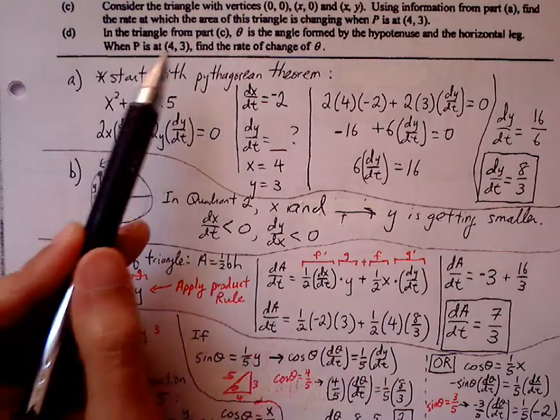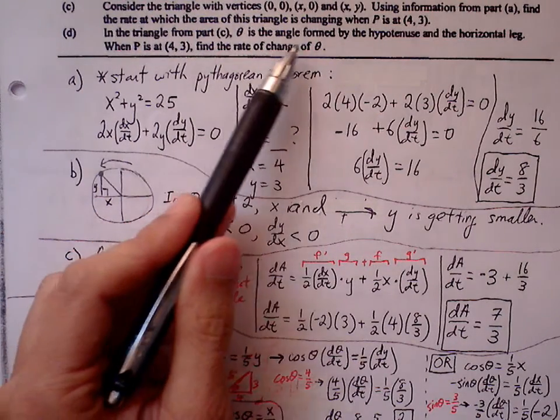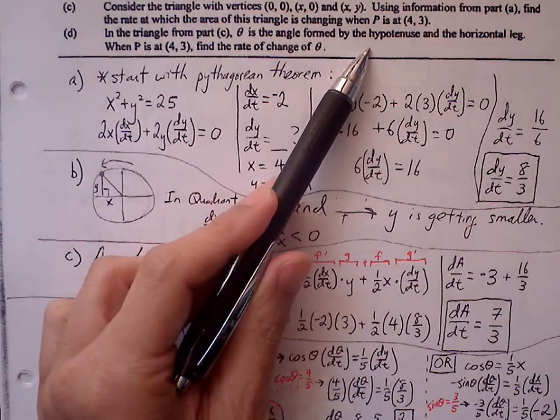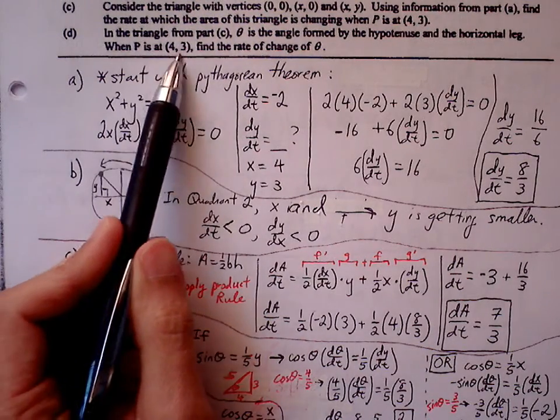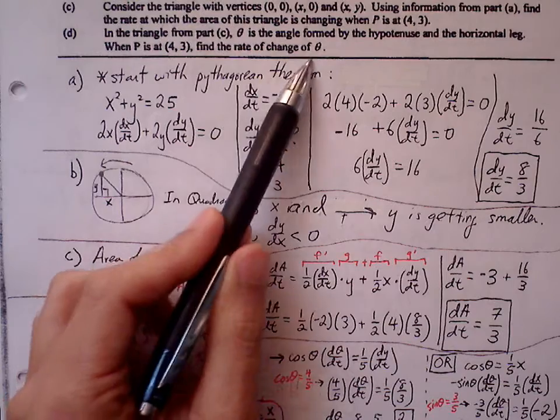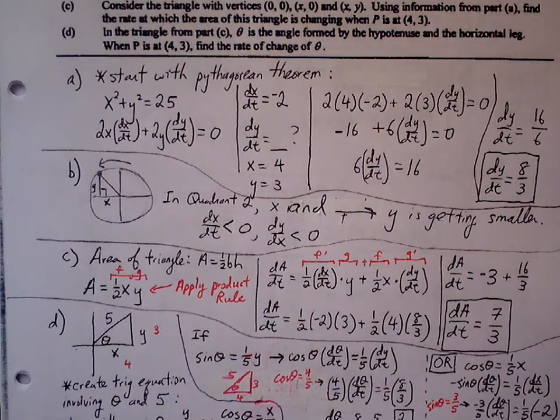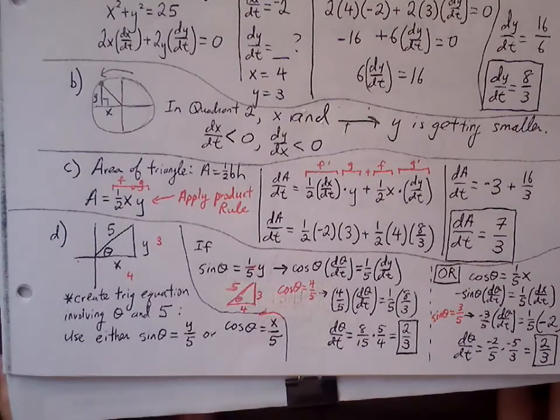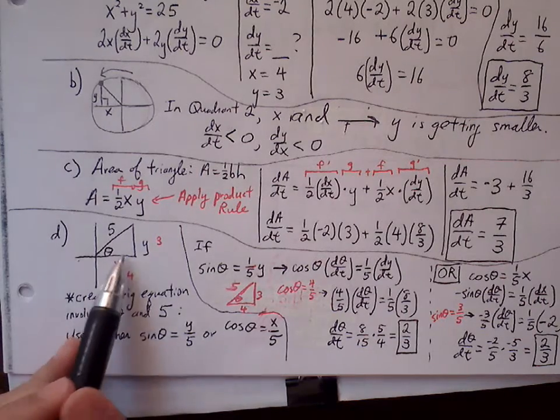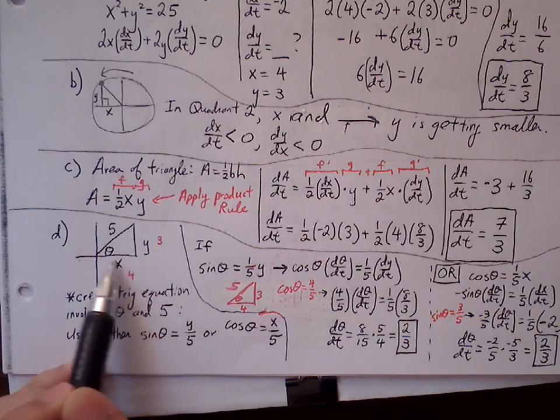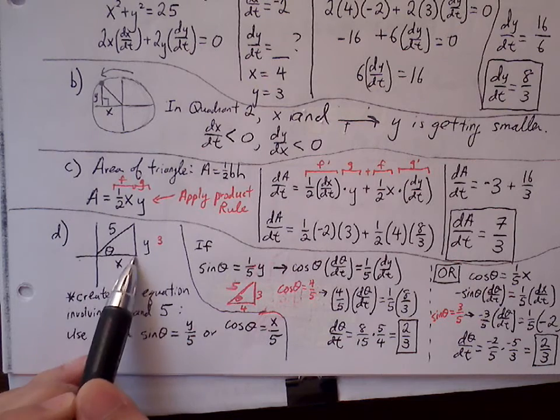Part D, in the triangle from part C, theta is the angle formed by the hypotenuse and the horizontal leg. When P is at 4, 3, find the rate of change of theta. Okay, so we have x and y being the variables that are changing.